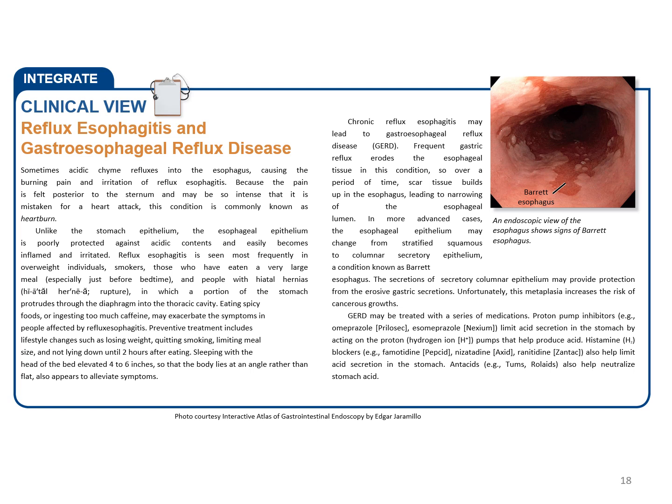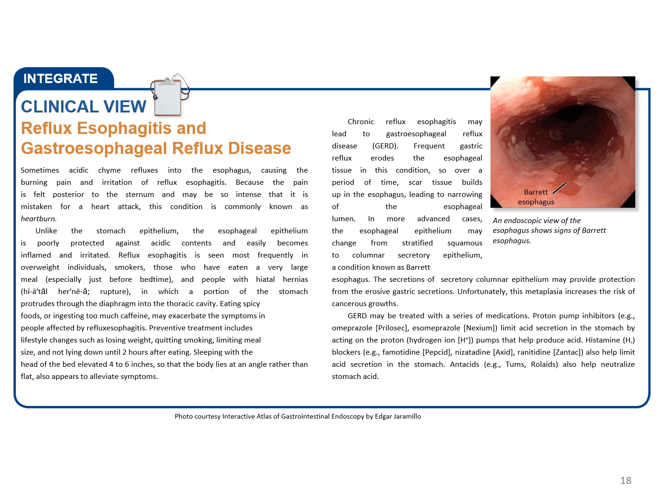So that presents as a burning sensation, and because of the location of the esophagus, it presents in what people perceive to be the heart. That's why we call it heartburn. It's actually the esophagus, but because it's close in proximity to where the heart lies, it's felt in that region.